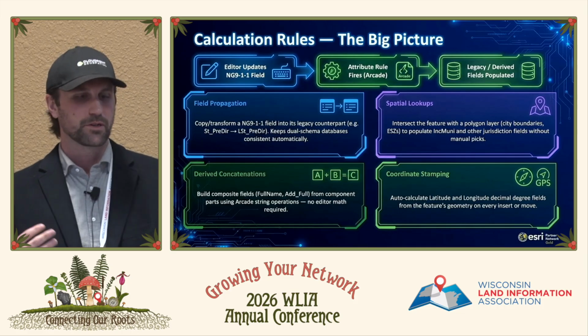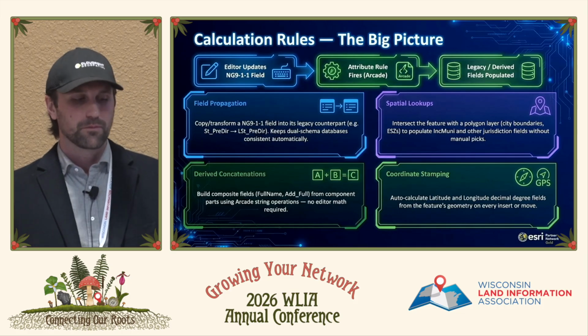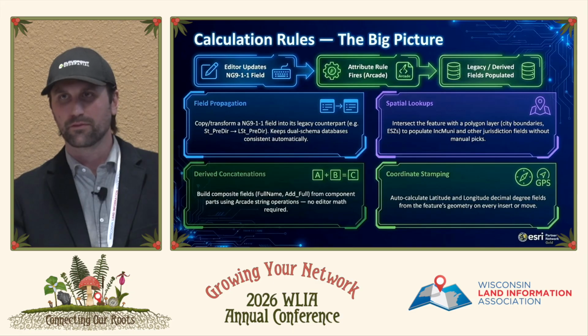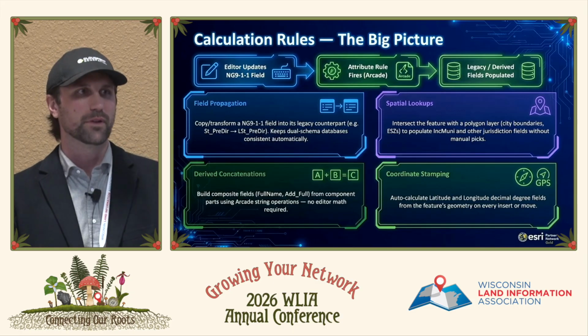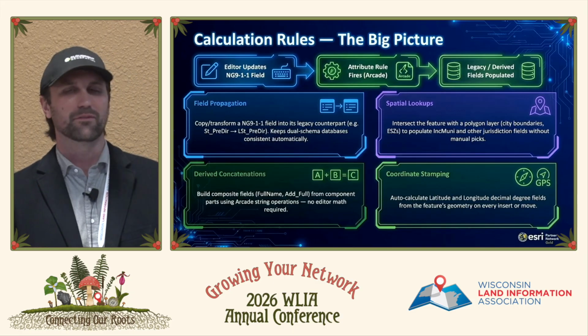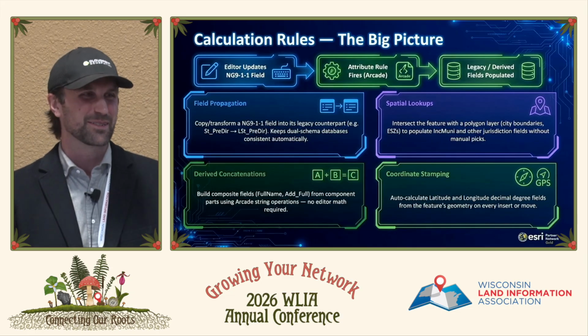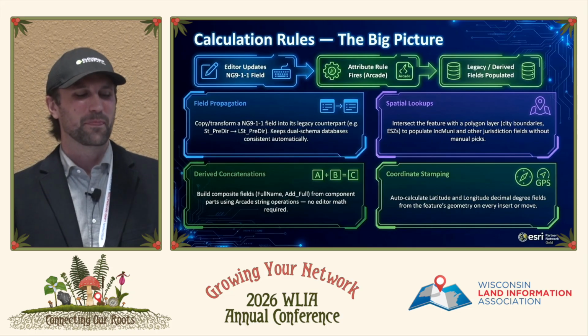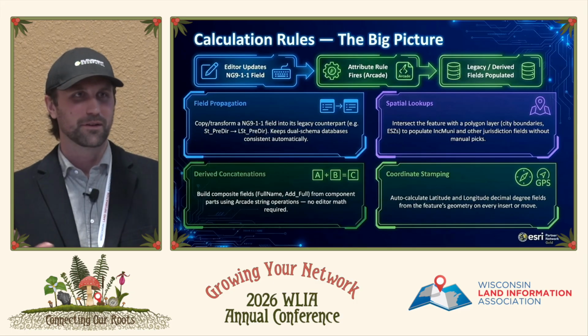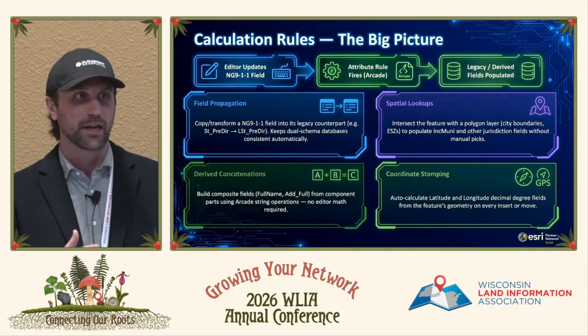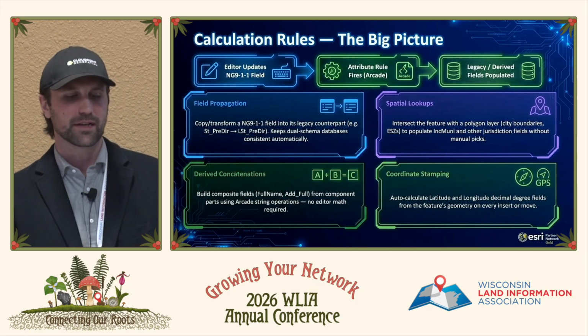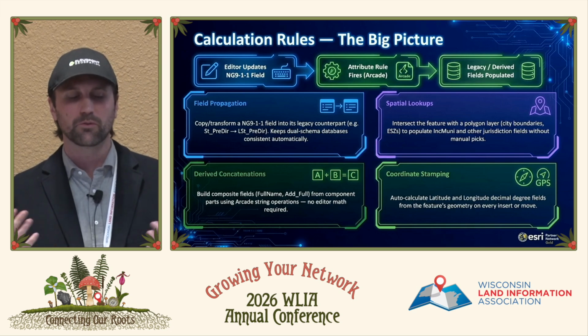You can do derived concatenations. Those are very useful for those full name fields whenever you have to concatenate something for a label, essentially. If you can have that already figured out and populated every time you make a change, that's really helpful and saves time. And then lastly, coordinate stamping.